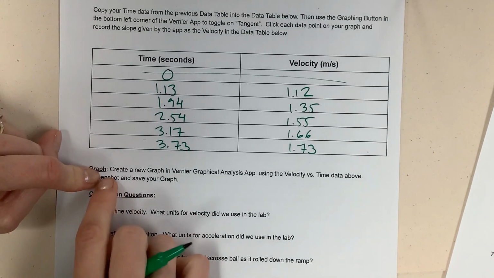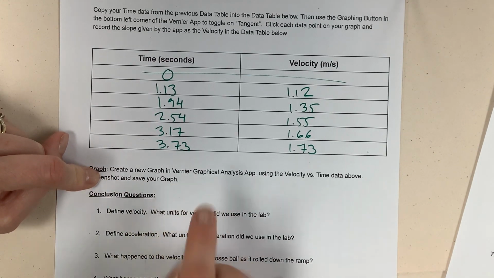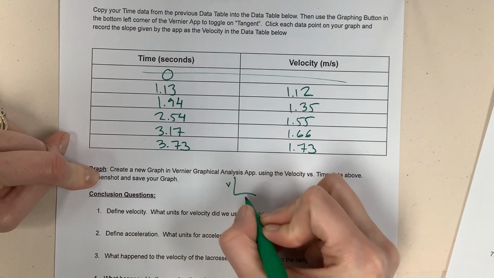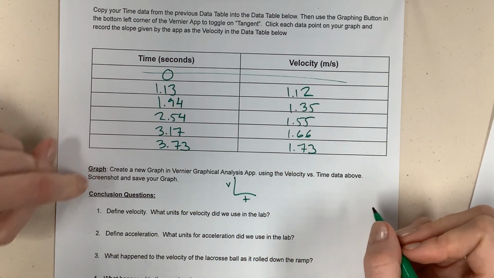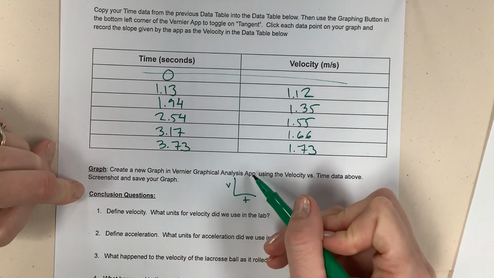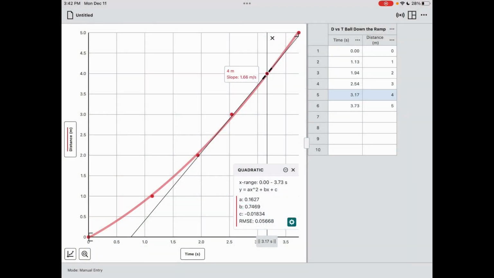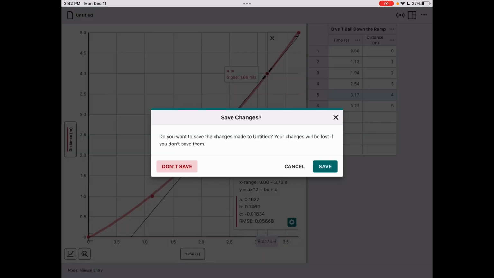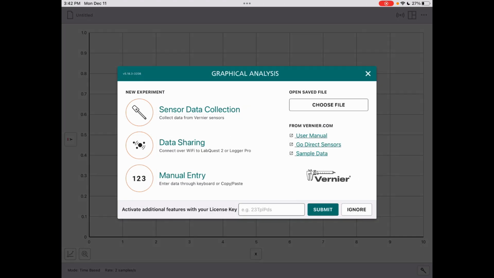The next one says create a new graph, and this time we're going to make a velocity versus time graph. When we see this, we're going to see whether the velocity is increasing at a constant rate. If you haven't yet, go ahead and screenshot the distance versus time graph. I'm going to do a new experiment, and I'm not going to save this one for now.